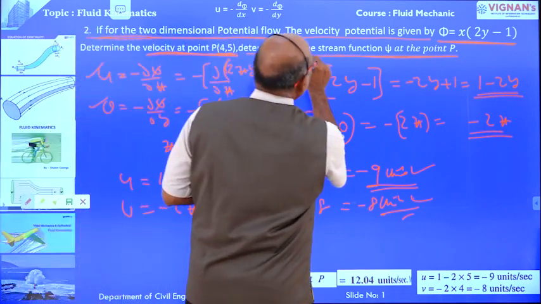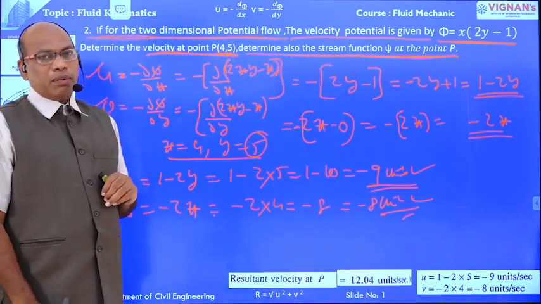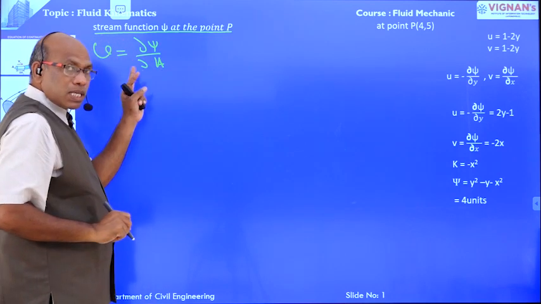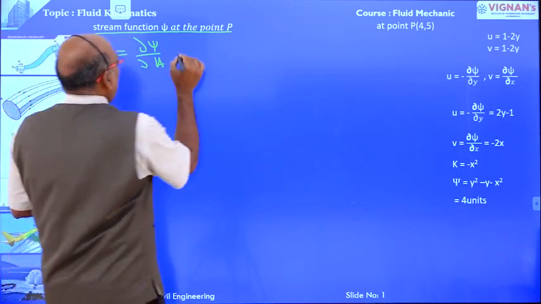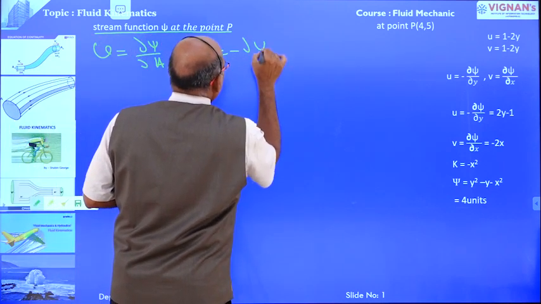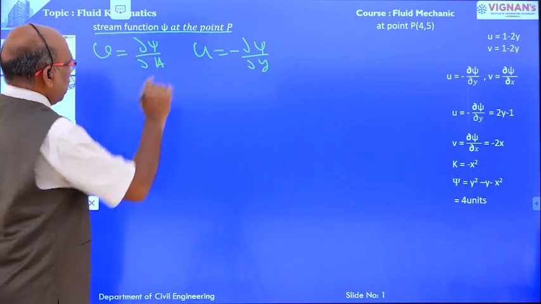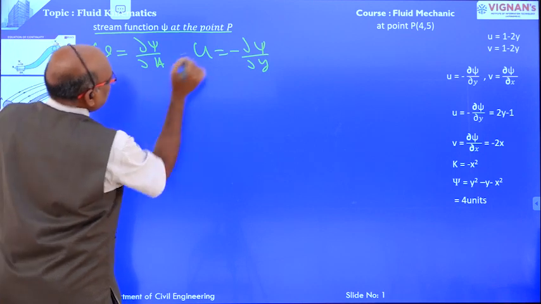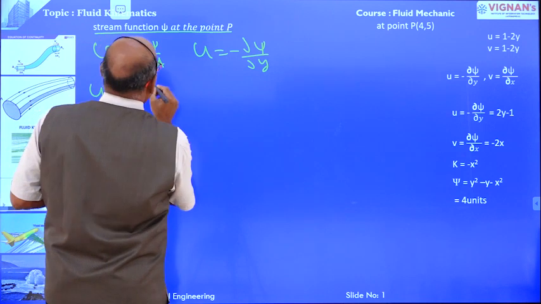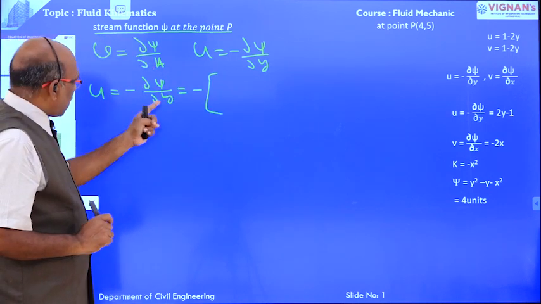Next one, also determine the stream function psi at point P, which we are going to determine here. v is equal to minus dou psi by dou x, and u is equal to dou psi by dou y, as per the stream function definition. Now we are going to take this one: u is equal to dou psi by dou y.